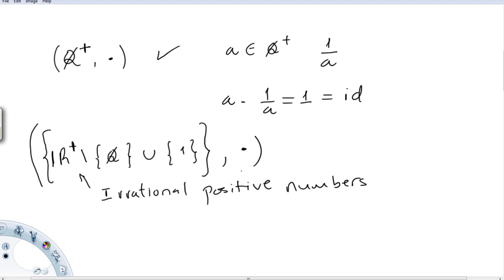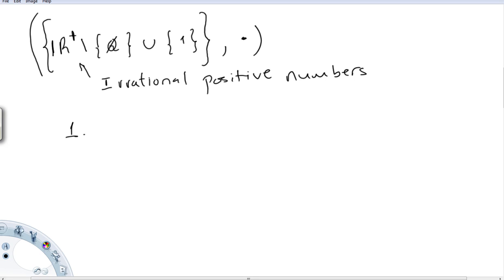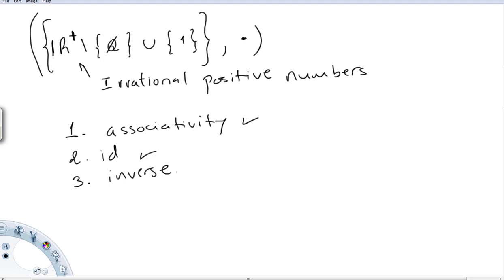Well, this is one of those tricky questions, because if you check associativity, you can check that the set and the operation is associative. You can check there is an identity, and you can also check that there will be an inverse. You check these 3 things, but it's not a group.